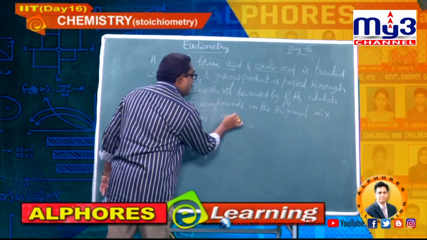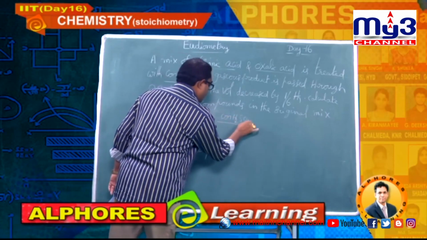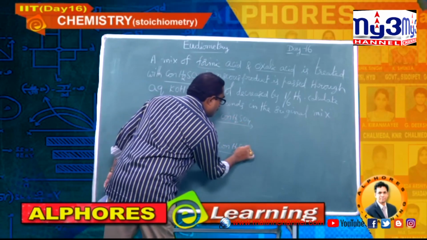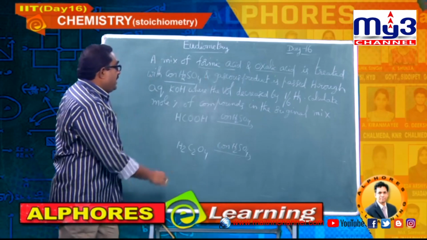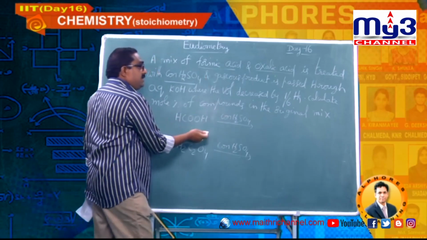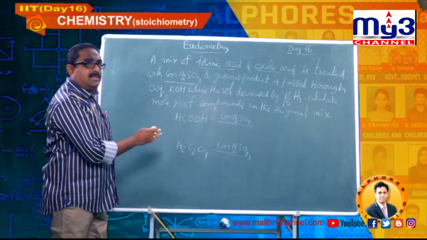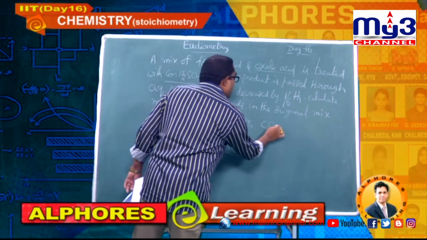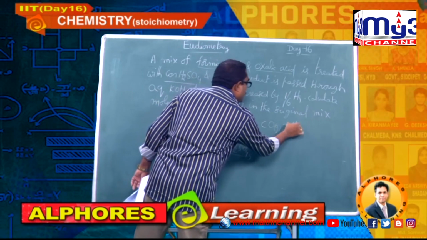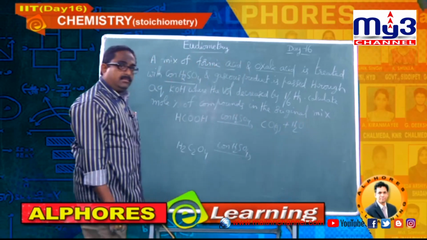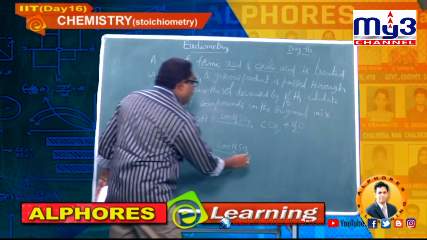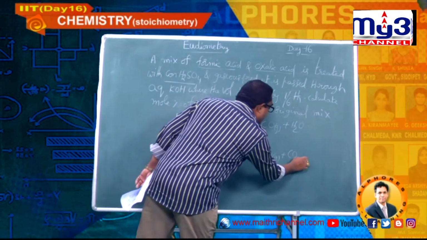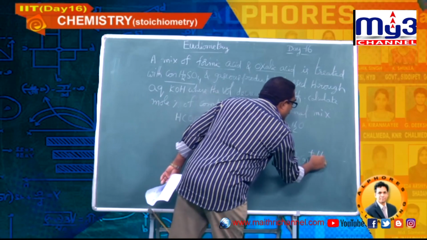I am writing the reactions. Formic acid: here concentrated sulfuric acid acts as a dehydrating agent, removing water. So it will give the product carbon monoxide gas and H2O liquid. Oxalic acid gives a mixture of carbon monoxide, carbon dioxide gas and H2O.